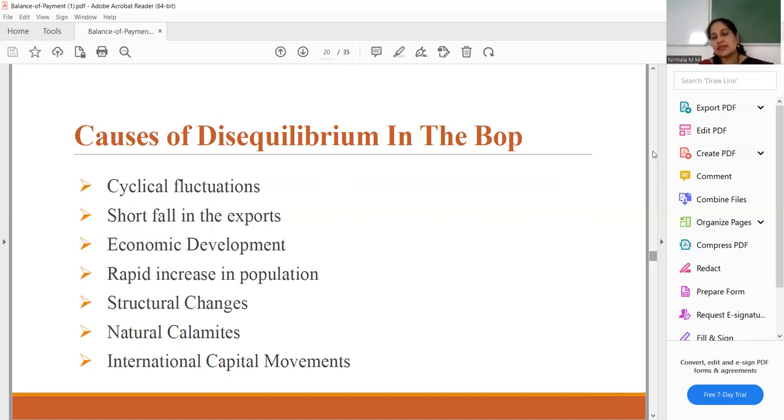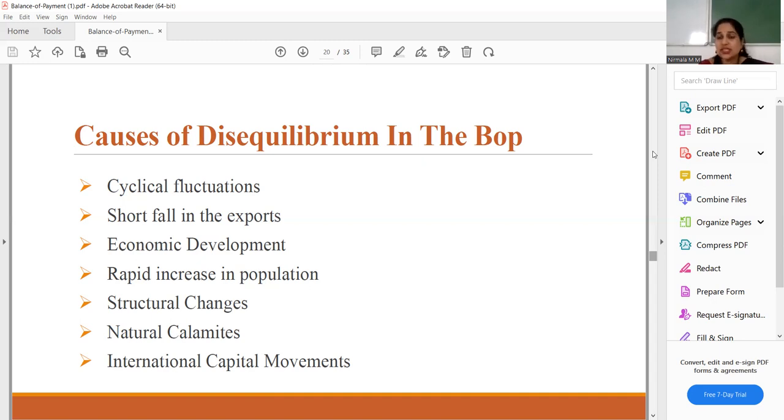For example, developing and underdeveloped economies give a lot of emphasis on development projects, which end up in a lot of borrowing, and that also results in BOP disequilibrium. Rapid increase in population, as countries like India and other developing economies have this issue as well, is one of the important reasons that we encounter BOP deficit every time.